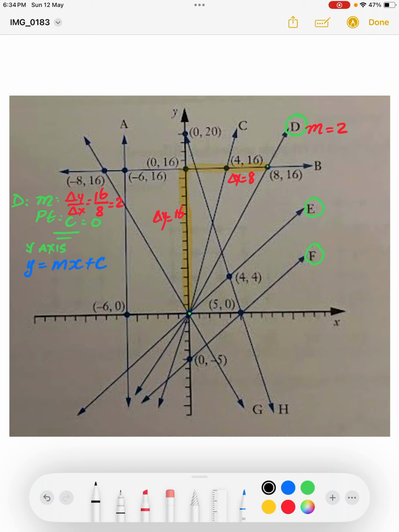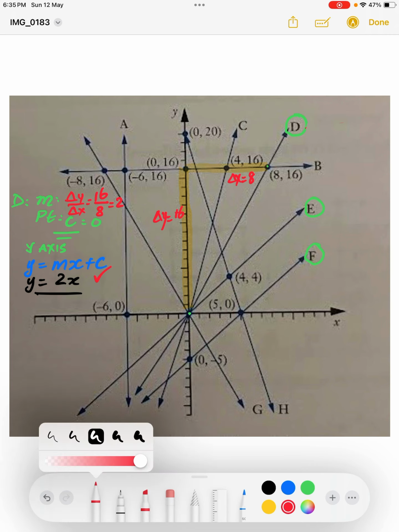Therefore, the equation is y equals 2x plus 0, and so y equals 2x is the equation for line D. So let's write in very thin letters, let's use black, y equals 2x, and that's the line for line D. And yes, there's an arrow at the end. Okay.